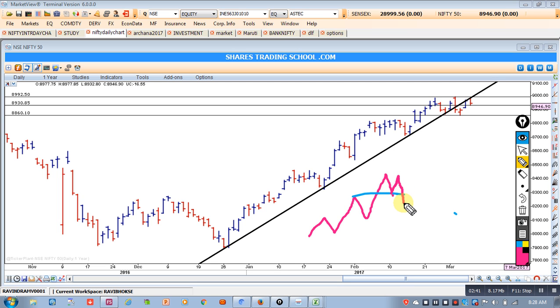So now this line which has acted as a support will be retested as a resistance. Once that resistance is retested and price comes down, the important level will be the previous low. Once this low is breached, then we will see an exact downtrend start. So we will have to wait for this low to breach.